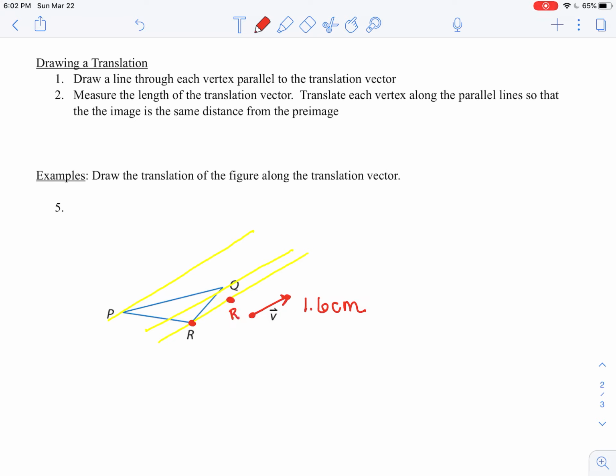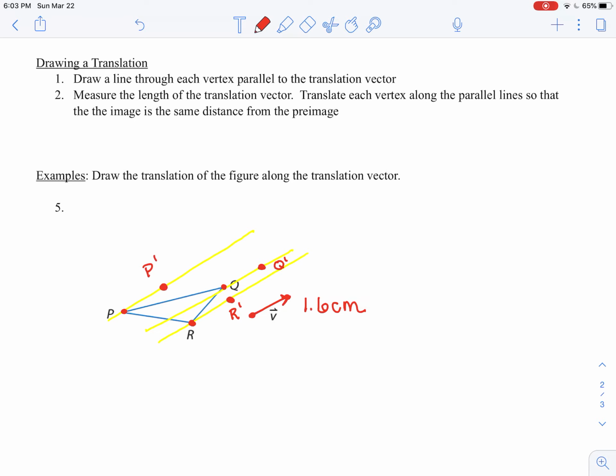And here's the new point, R prime. Then translate point Q. So from point Q, I'm going to measure along my parallel line that 1.6 centimeters to find the point Q prime. And then from point P, again, measure along your parallel line 1.6 centimeters to find P prime.